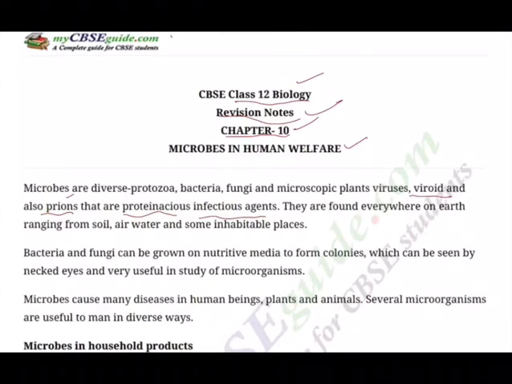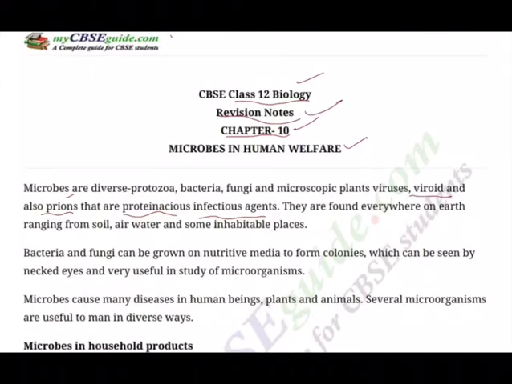They are found everywhere. We say omnipresent, on earth, ranging from soil, air, water, and some inhospitable places. You name a place, microbe will be there. That is why we say they are omnipresent, if not omnipotent.